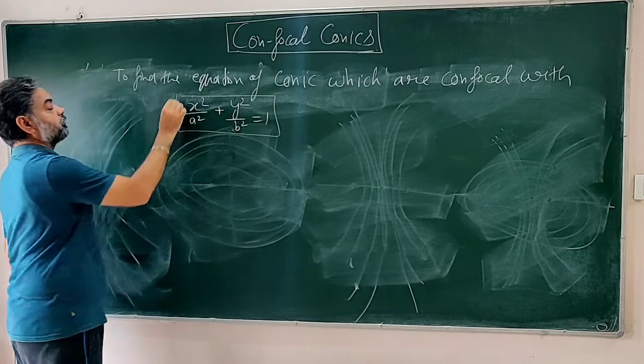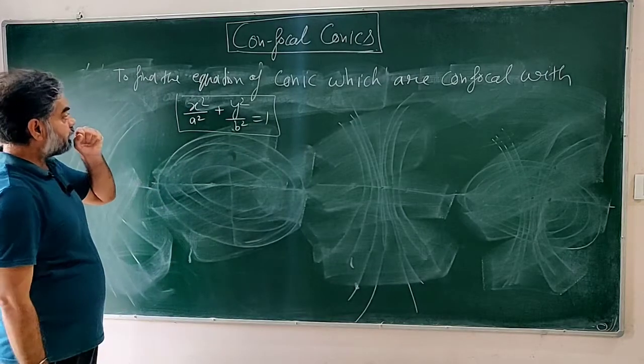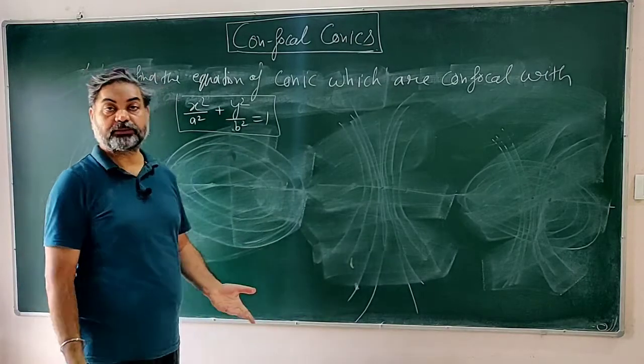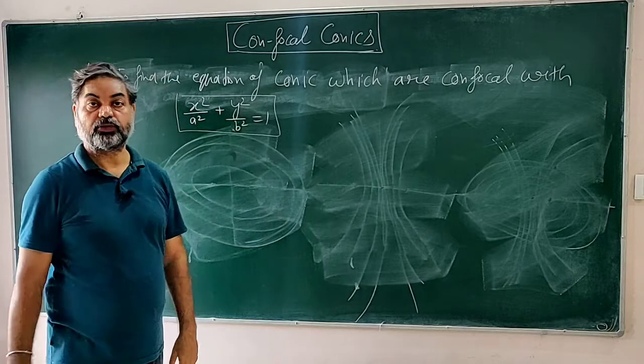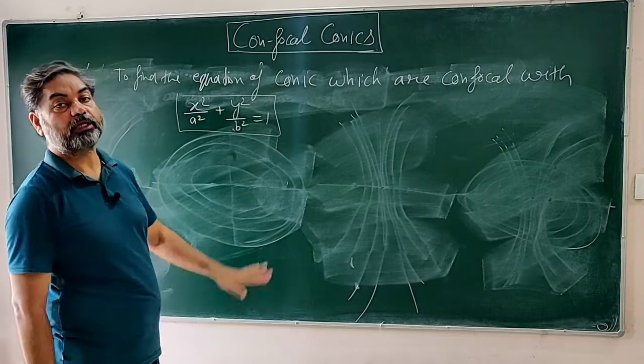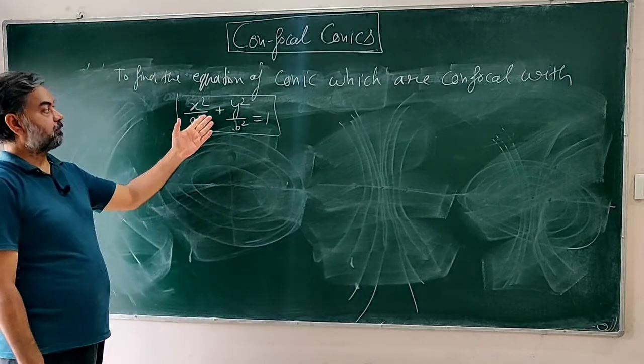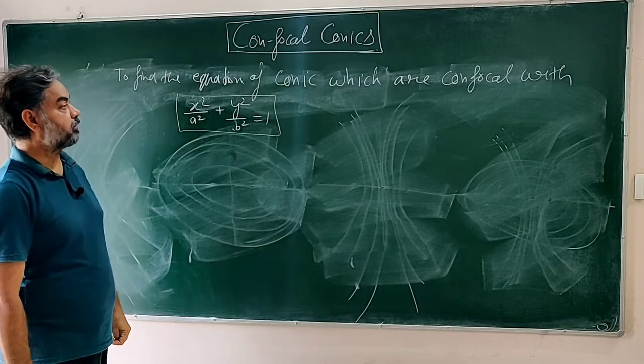This is the equation of a conic, and we have to find the equations of all those conics which are confocal to this conic. Confocal means which have the same foci, same axis and same center as this conic.